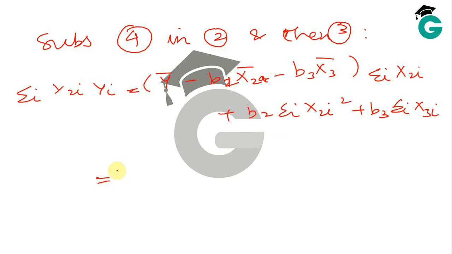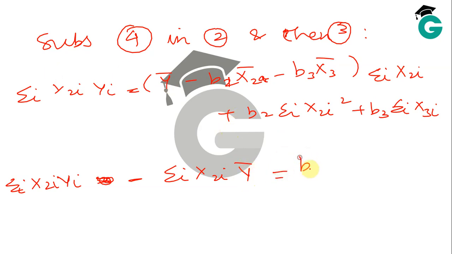Now this can equivalently be written as summation i x2i yi, right? And I'm just going to take this y bar over here. So basically minus summation i x2i y bar, because this is going to be multiplied by this when you take it to this side, right?